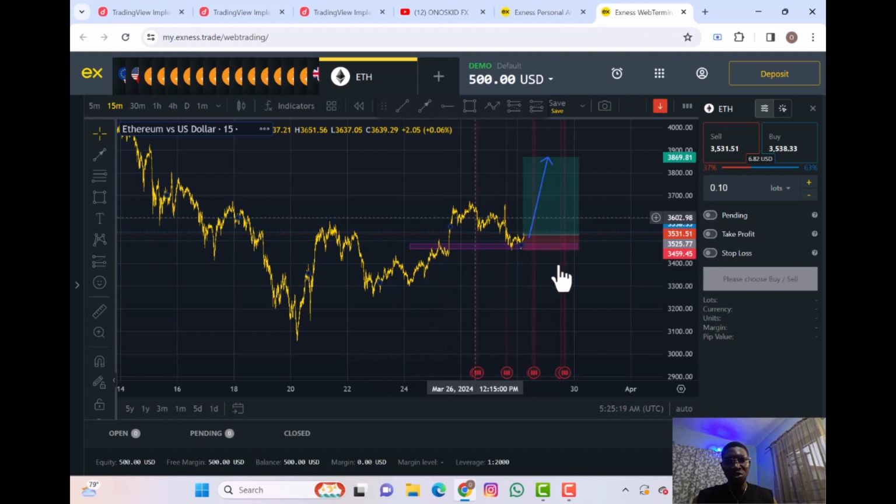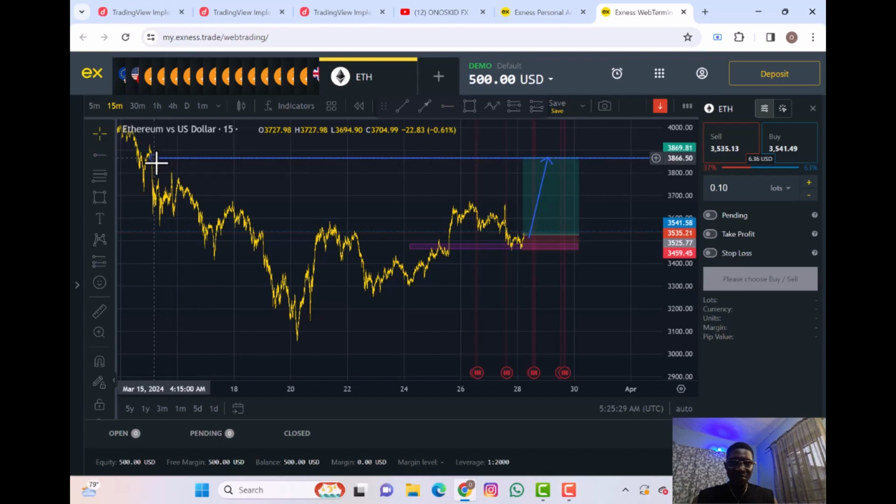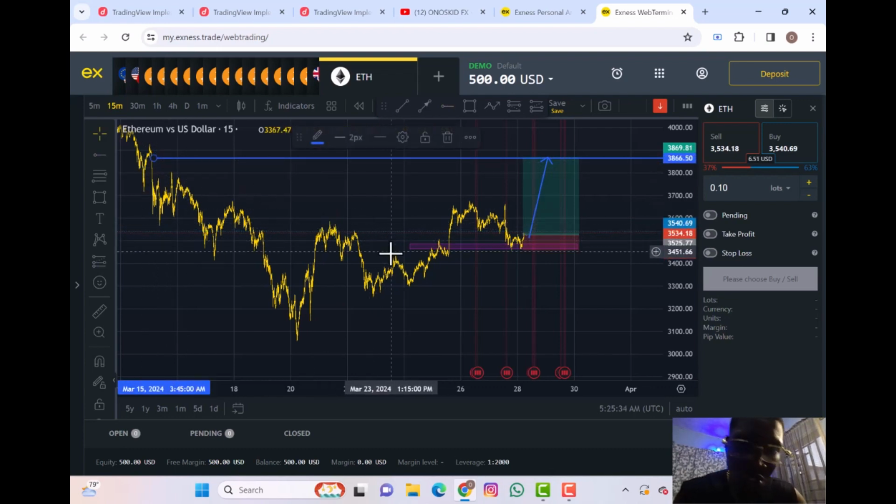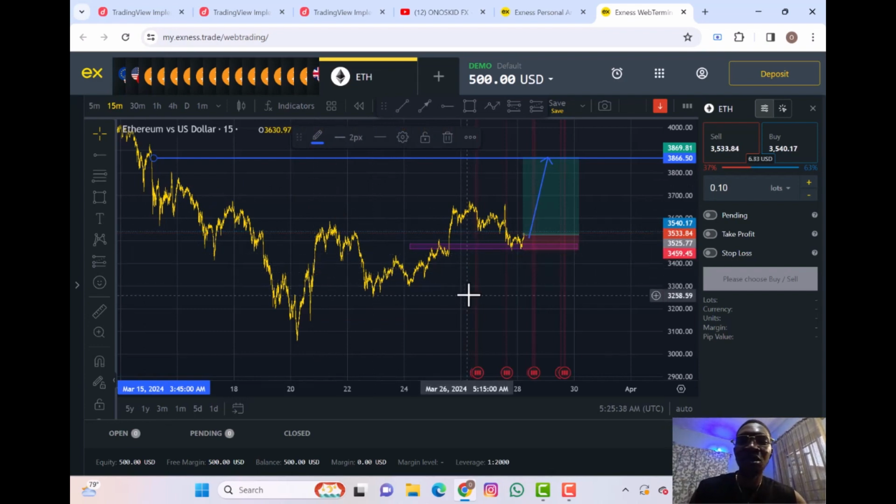So you don't want to trade the corrective move, you really want to trade the impulsive move. So make sure that you follow this particular rule, analyze your BTC, check what BTC is doing overall. If BTC is bullish, you want to look for a bullish entry on other substitute coins. If BTC is bearish, you want to look for sell entries.